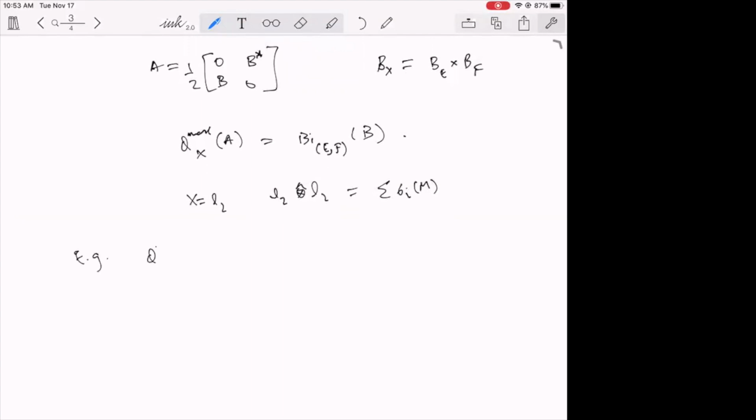The quadratic maximum over L2 of a matrix A is equal to the maximum eigenvalue of the matrix A. On the other hand, the bilinear maximum L2, L2 of a matrix A is equal to the maximum singular value of A, which, if A is symmetric, is equal to the maximum magnitude eigenvalue, max over i of lambda i of A. So there's a subtle difference between the two.